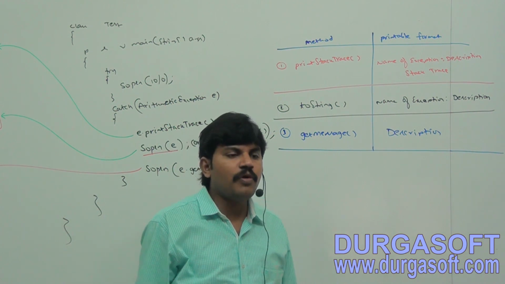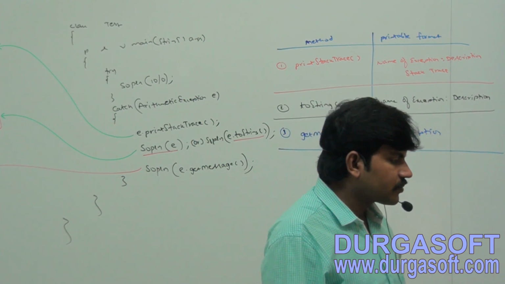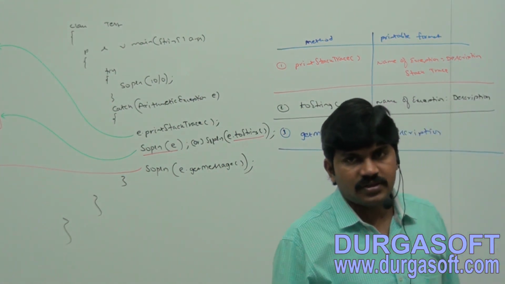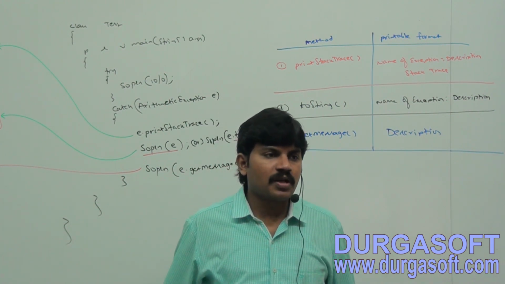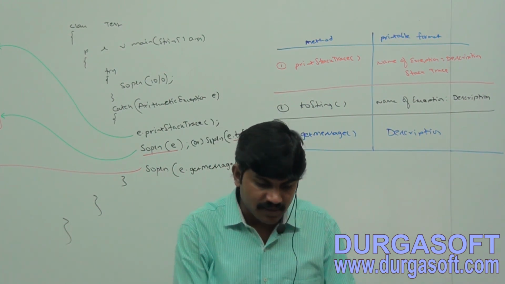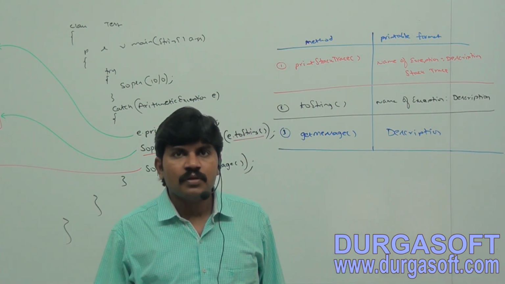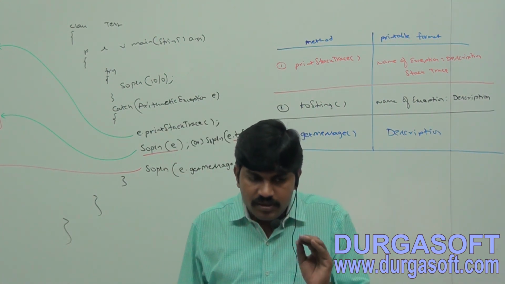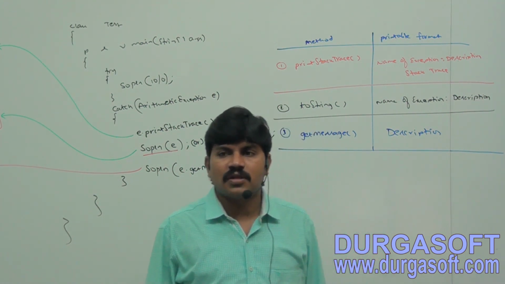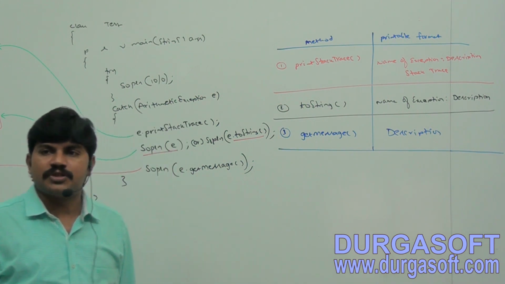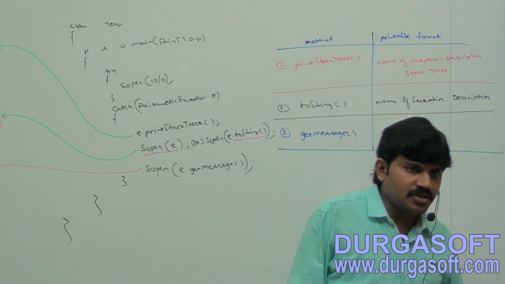The Throwable class defines the following methods to print exception information.